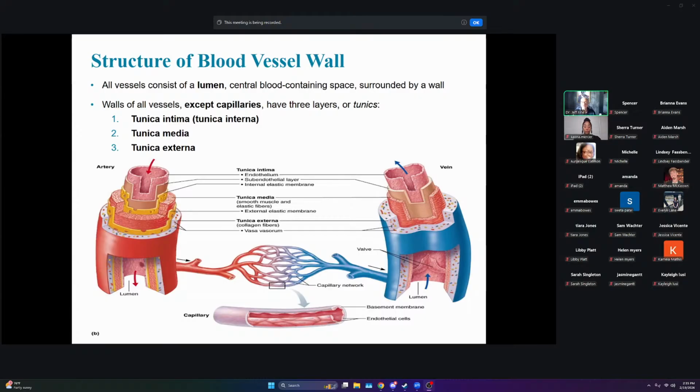Vasodilation is, of course, the exact opposite. This is where that tunica media, the middle muscle layer, dilates and it gets larger. It opens up the lumen so more blood flow can go.